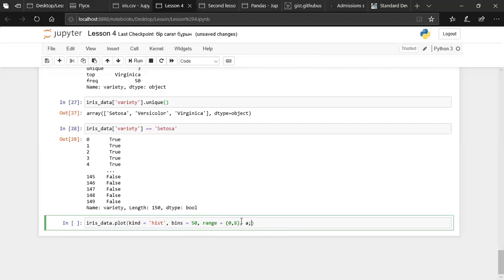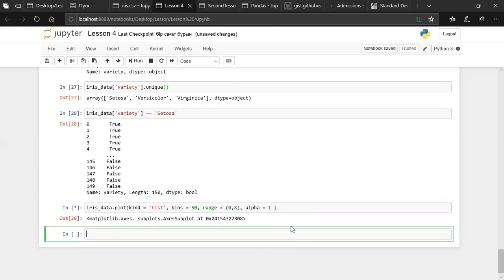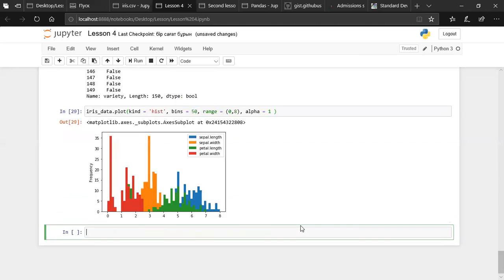Do you know what alpha means? No. So just set 1. Yeah, and run this code. Yep. So you see this one, so I'm going to introduce you to alpha.